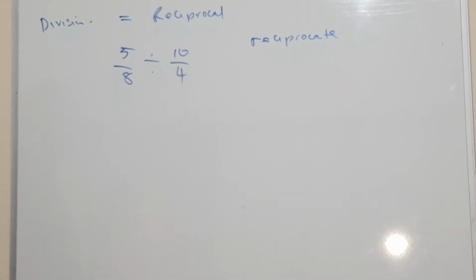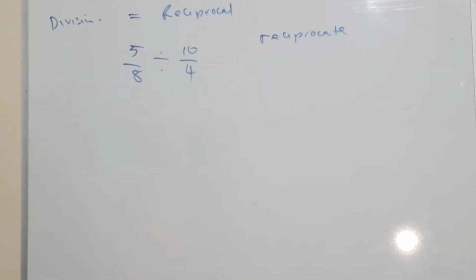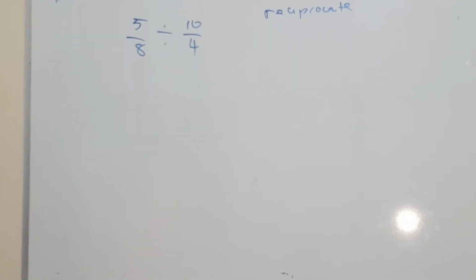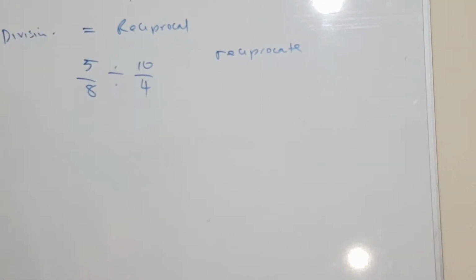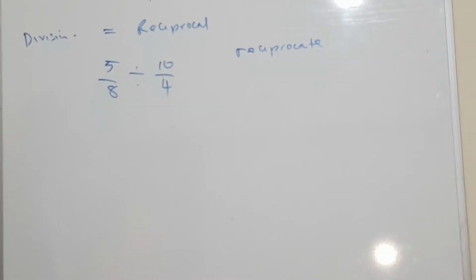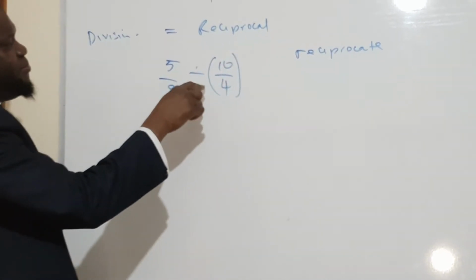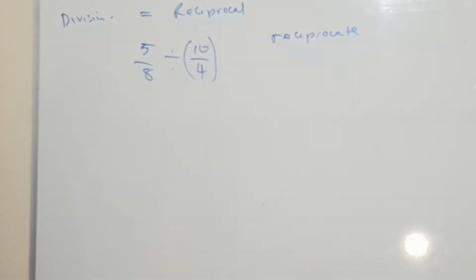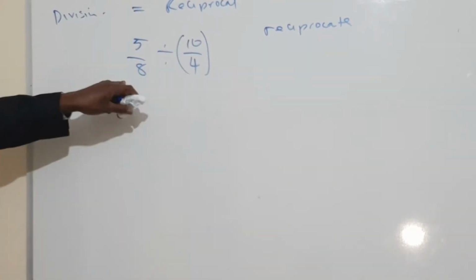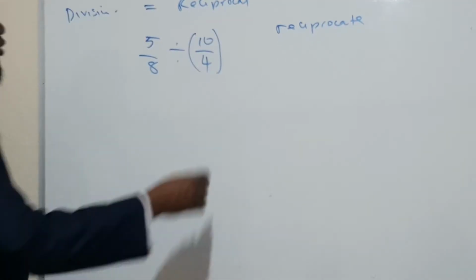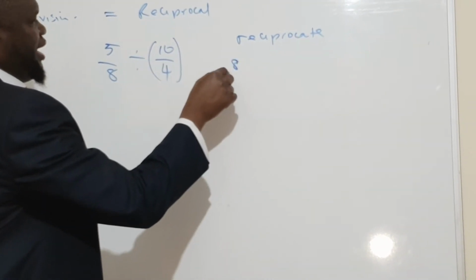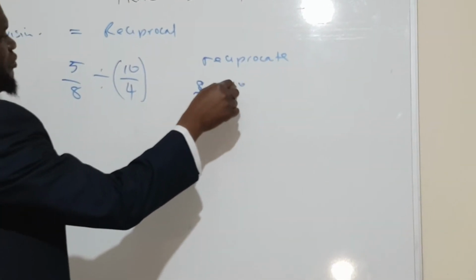To revenge. Somebody hit you, you hit back. You reciprocate. Now the one you find the reciprocal of is the number after the division sign. Not this one. Don't consider 8 over 5 times 10 over 4. This is wrong.